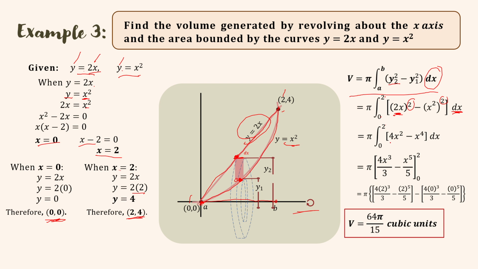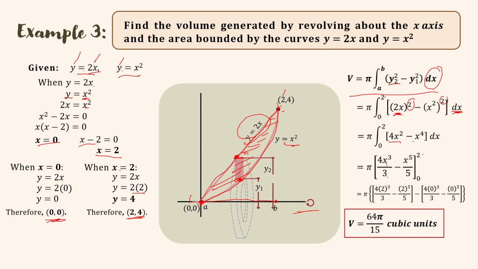Then we need to integrate now. This is 4x squared. The result is 4x cubed over 3 minus x raised to 5, the basic integration formula, from 0 to 2, because the boundary in terms of x is from 0, the intersection. We need to get the volume of the revolution.